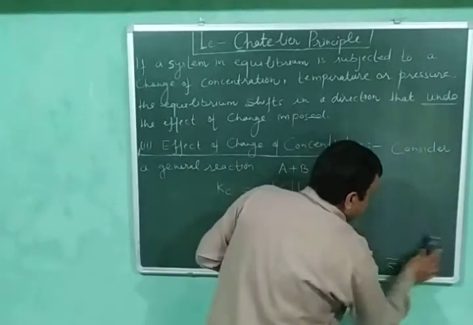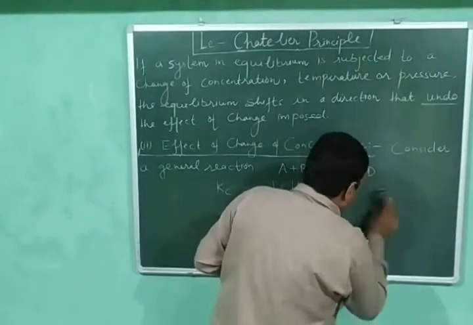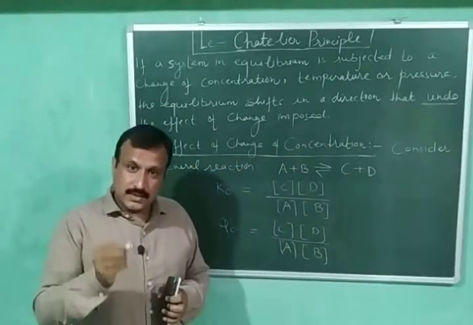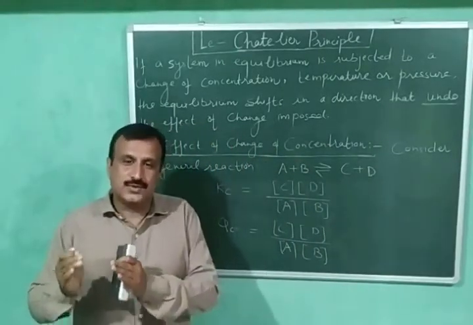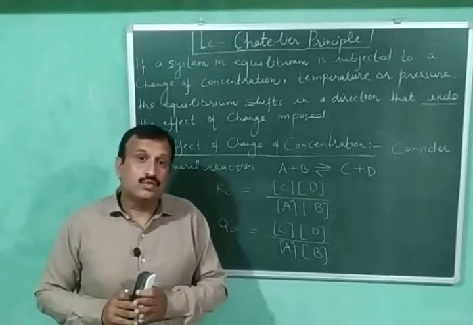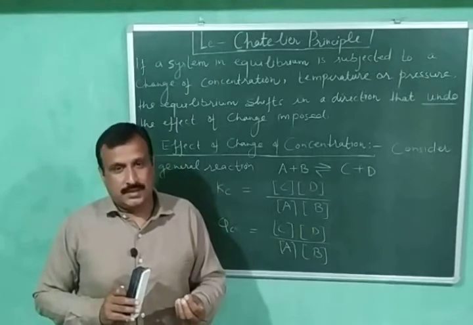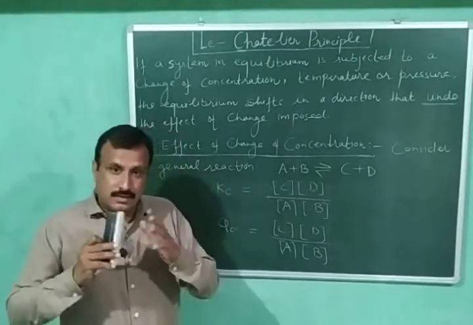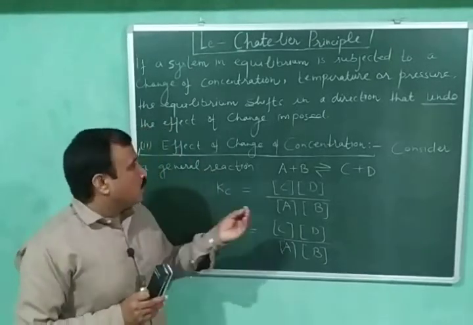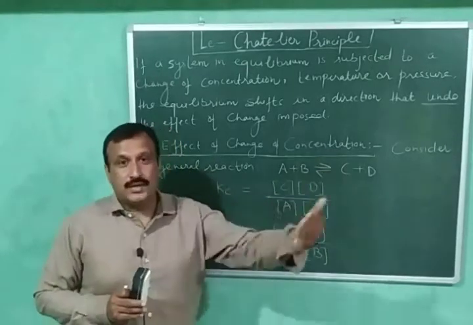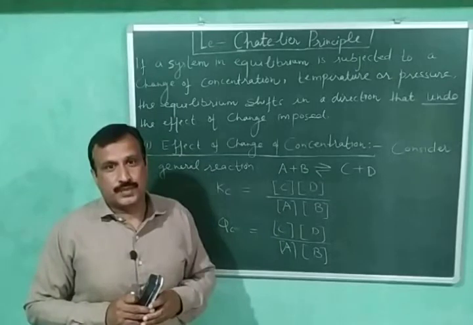So now let us discuss the effect of removal of products, or the decrease in the concentration of products. What will happen if we decrease the concentration of products? We can decrease the concentration of products by removing C or D from the reaction mixture.